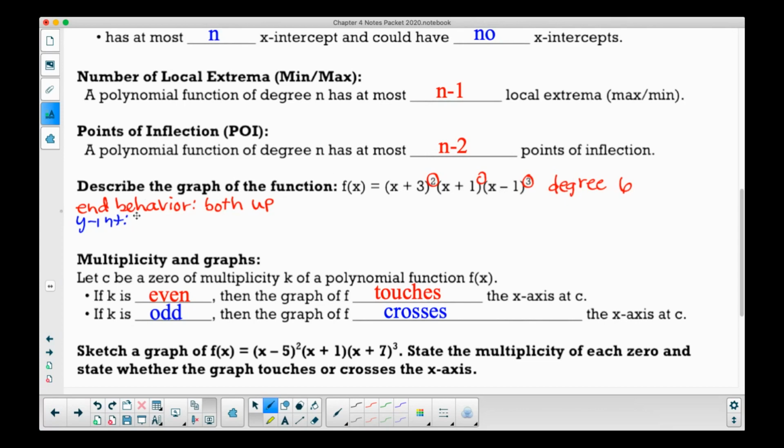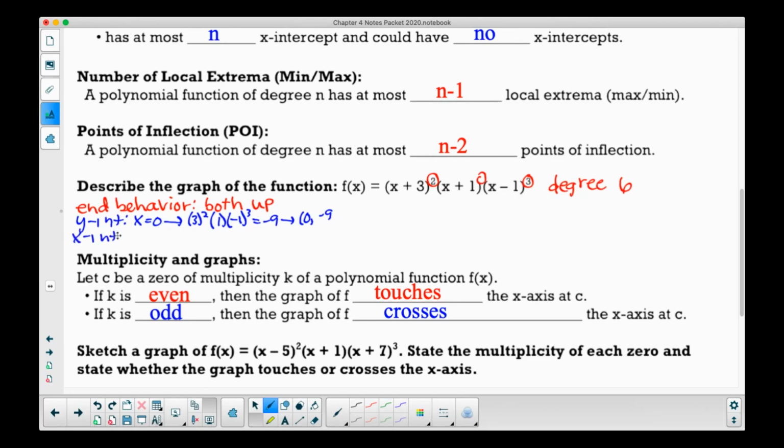So if x is 0, the y-intercept is going to happen at 3 squared times 1 times -1 cubed. So 9 times 1 is 9, times -1 is -9.